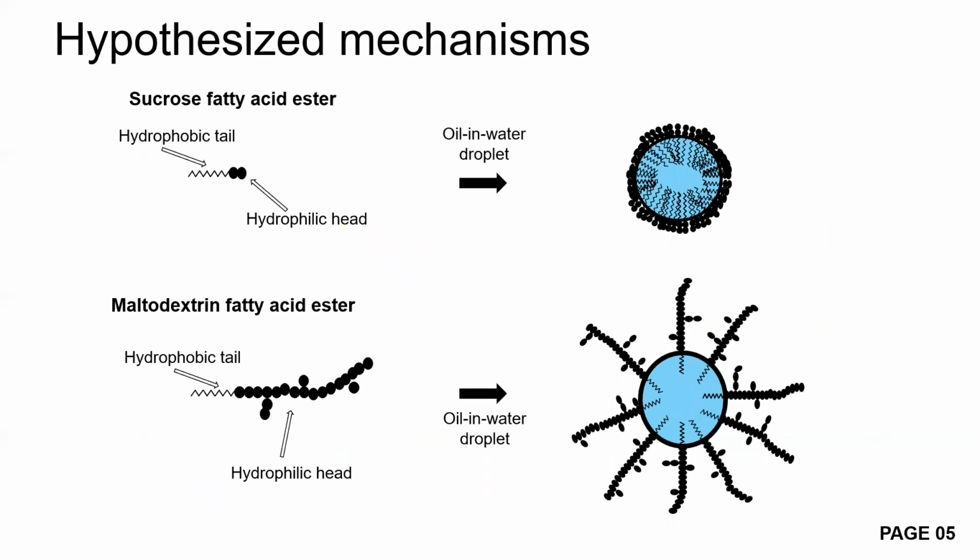To explain the results, I suggested one hypothesized mechanism. Sucrose fatty acid ester has a balanced hydrophilic and hydrophobic property with a small size, and those properties made this compound quickly absorbed into the oil and the water interface during emulsion formation, producing stable oil droplets.